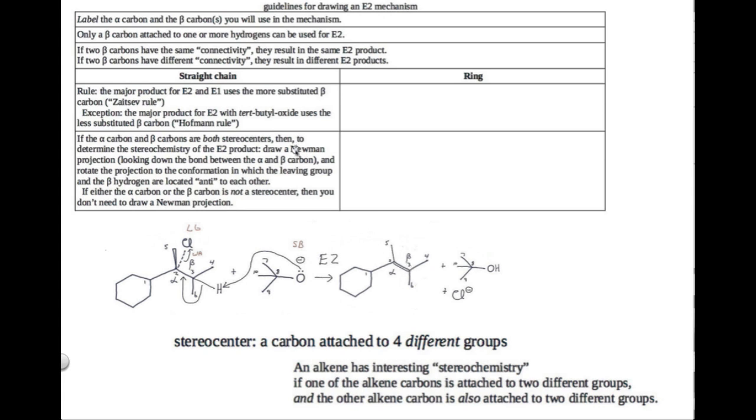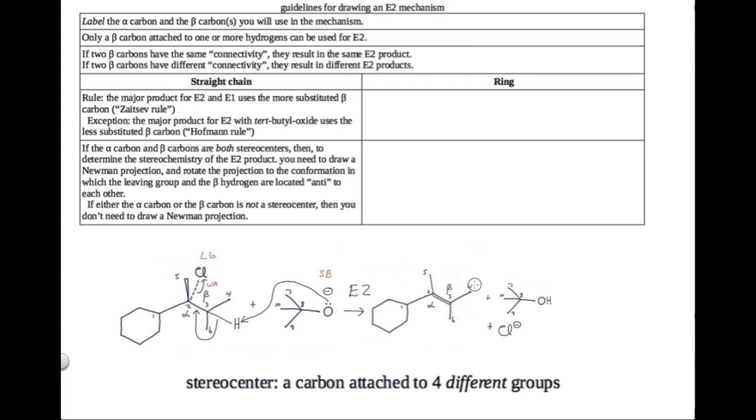Remember, the whole purpose of drawing the Newman projection is to determine the E2 stereochemistry. So when the E2 product doesn't have interesting stereochemistry, clearly there's no need for the Newman projection. If you swapped the position of the 2 methyl groups, you would still have the same product. So there was no interesting stereochemistry to figure out here, and there was no need for a Newman projection.